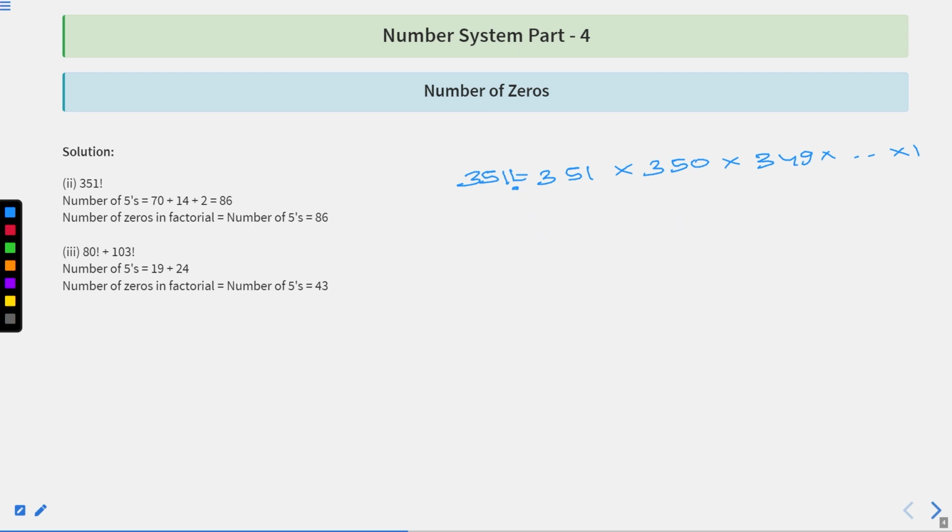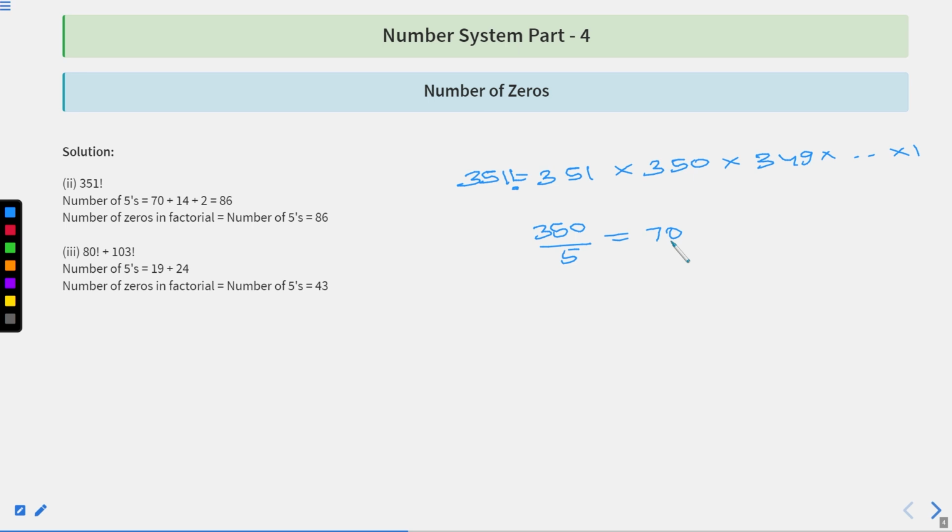Take the number closest to 351 less than 351 which is divisible by 5. So 350 upon 5 gives you 70. So you will have 70 numbers which contribute 1 five.